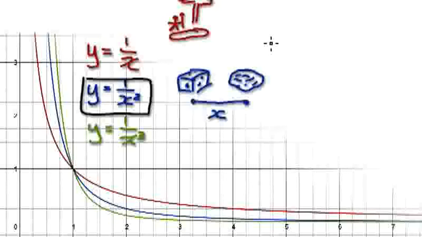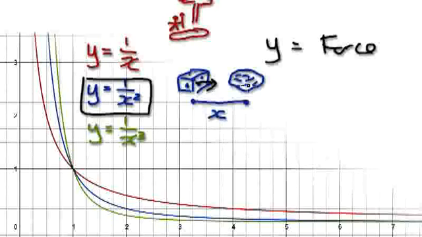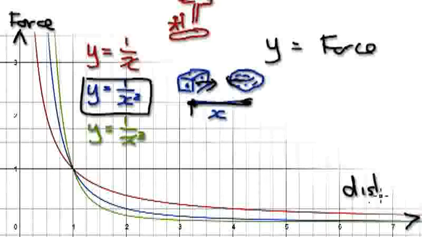Here, y represents the force that exists between them, and the x represents the distance that separates them. So the y-axis would represent force, and the x-axis would represent distance.